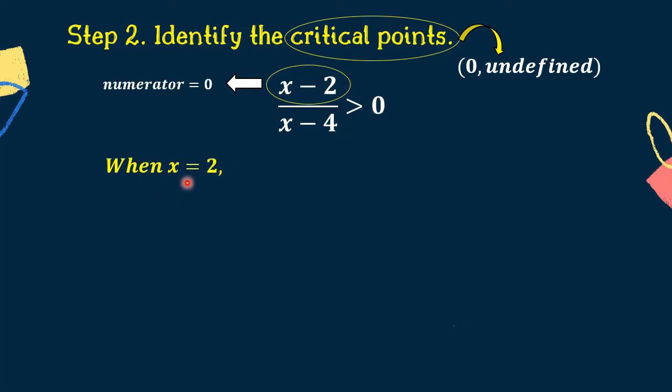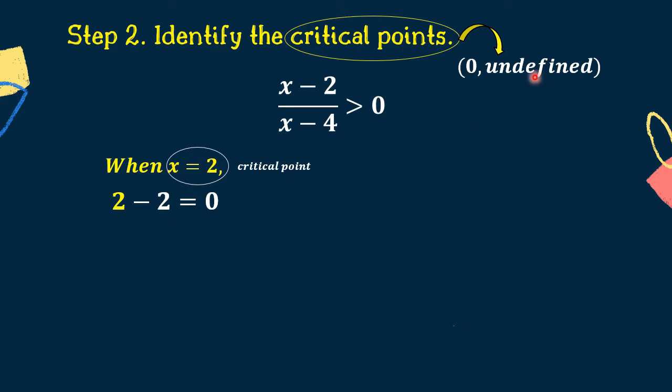Example, kung ang value ng x natin is 2, for example, replace natin ang x ng 2, ito ay magiging 2 minus 2, which is equal to 0. Therefore, we can conclude that 2 is a critical point because it will make our numerator 0. Again, magiging 0 lamang ang ating rational expression if 0 ang ating numerator.